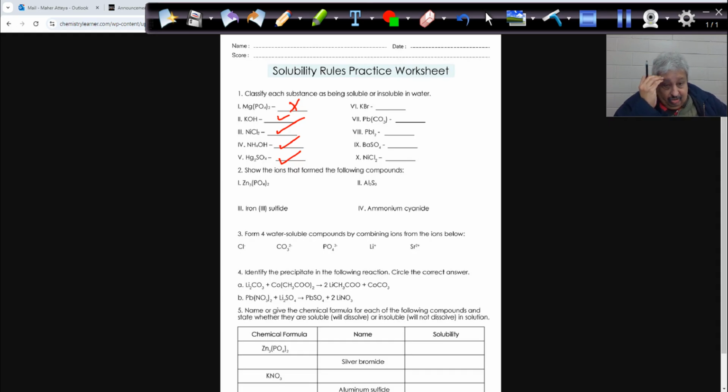Mercury 1 is soluble. So potassium bromide, you have potassium soluble. Lead carbonate is not soluble. Lead iodide is not soluble. Those halogens, when they come to mercury 1, lead, silver ions, they are not soluble. Barium sulfate is slightly soluble or insoluble. And nickel chloride is soluble.